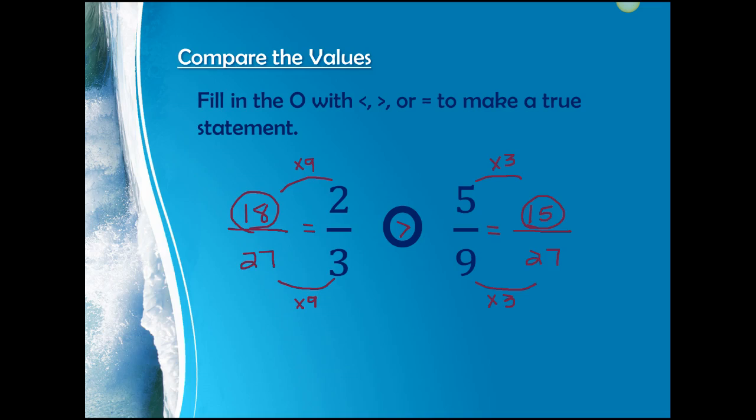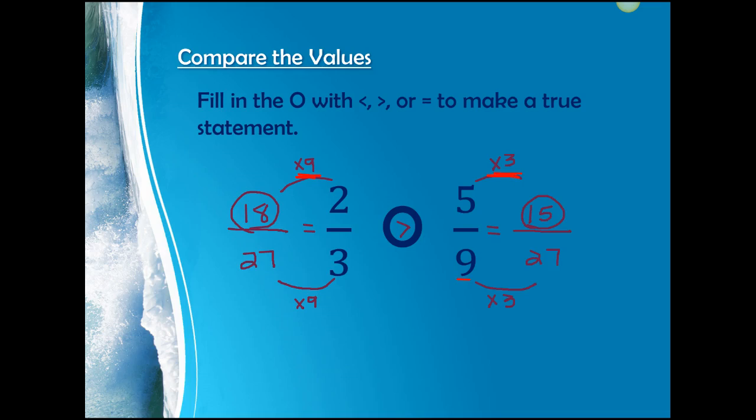Now, if we look at this a little more closely, you'll probably notice that in order to get the numerator, we multiplied by the opposite denominator. For example, on the left side, on the top, we multiplied by the opposite denominator of 9. On the right-hand side, we multiplied by the opposite denominator of 3.